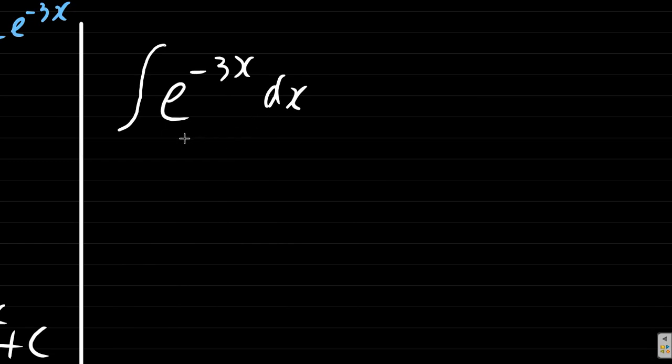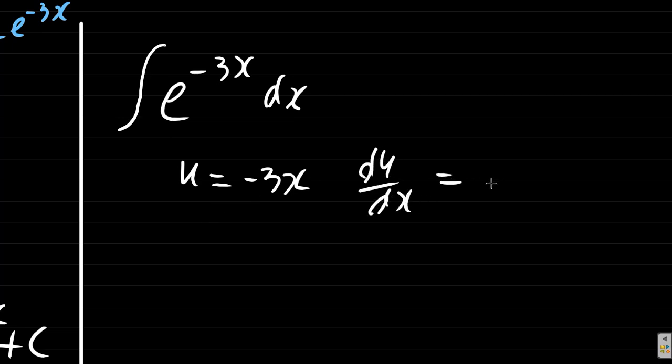You can use substitution. Let u be equal to negative 3x. So du by dx is equal to negative 3. So dx is equal to du over negative 3. See that?